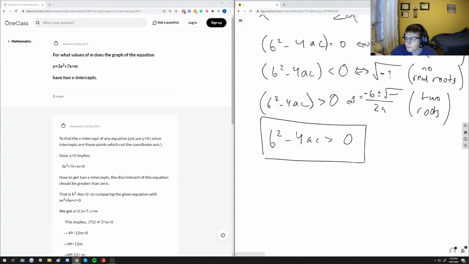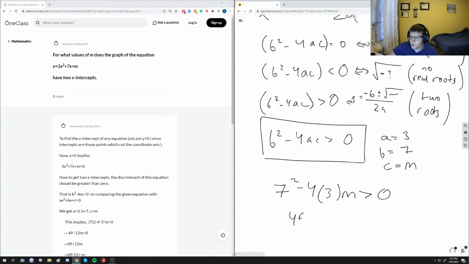So that means that our assumption is that b squared minus 4ac has to be greater than 0 for us to get 2 roots. So going back to our quadratic equation, we have to define what a, b, and c are. So in this case, a is 3, b is 7, and c is m. So plugging these all into this inequality, we're going to get 7 squared minus 4 times 3m is greater than 0.